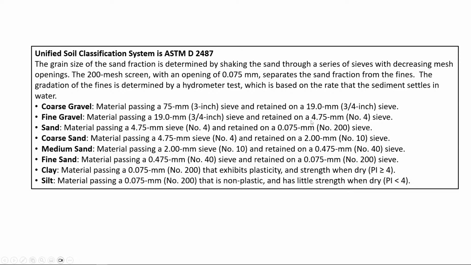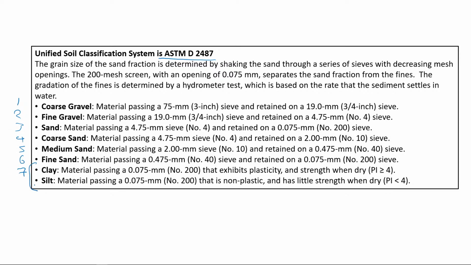But anyway, here we have the soil classification system. As I mentioned, this is the ASTM, where you do sieve analysis. So you have 1, 2, 3, 4, 5, 6, 7.